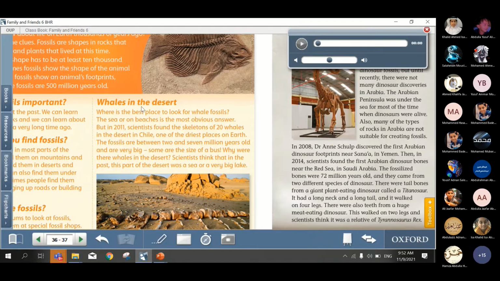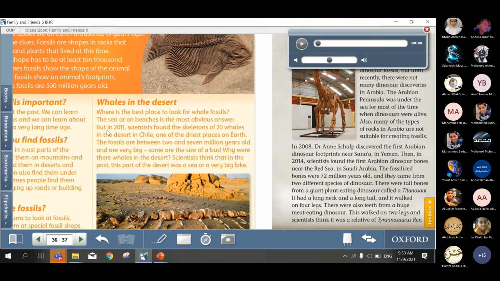Whales in the desert. Yeah, we can find whales in the desert. In Egypt, there is the biggest area in the world that has got whales in the desert. Where is the best place to look for whale fossils? The sea or on beaches is the most obvious answer.